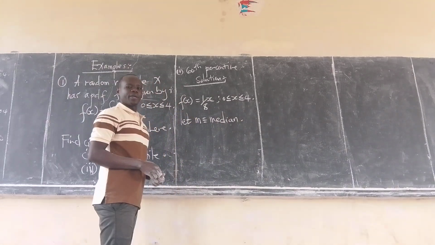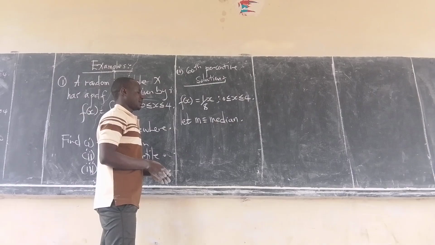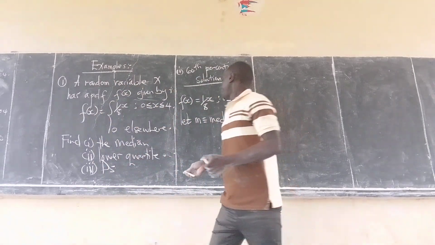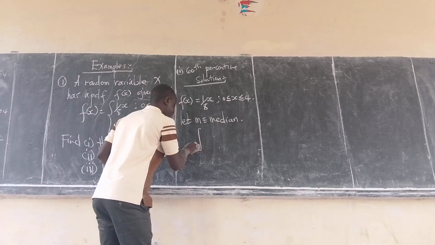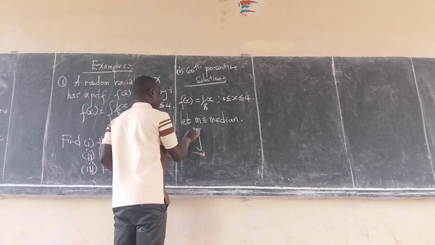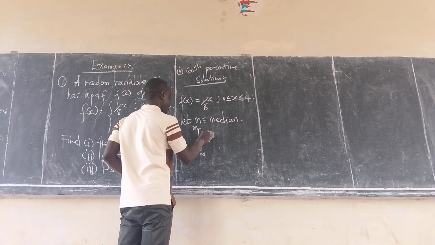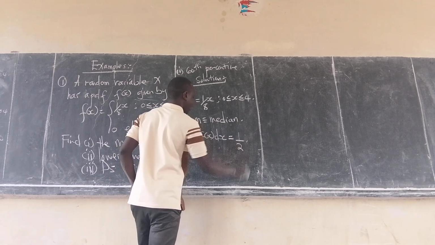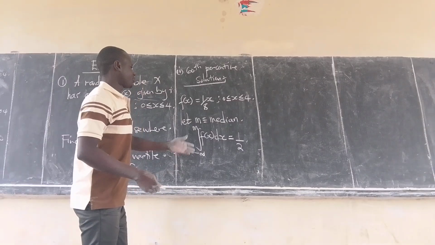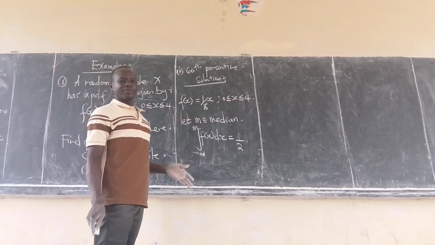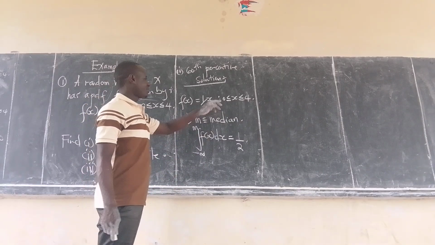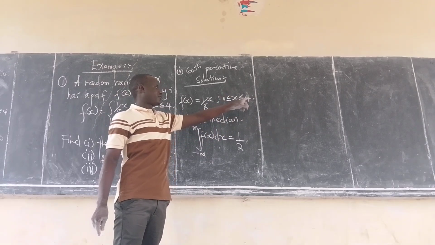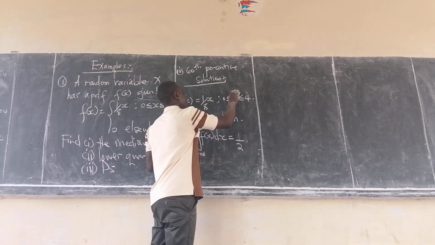Now if small m is our median, we said earlier that once you are looking for the median, then when you integrate from negative infinity to the median value, integrating the PDF with respect to x, the answer should be a half. It is simple. We don't need to look for the median interval because it is one interval. Even the median is going to be between these two values, which are 0 and 4. So the median will be found in between there.